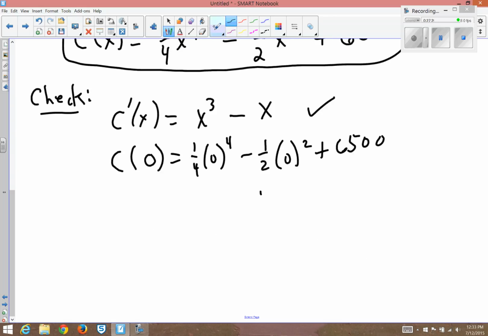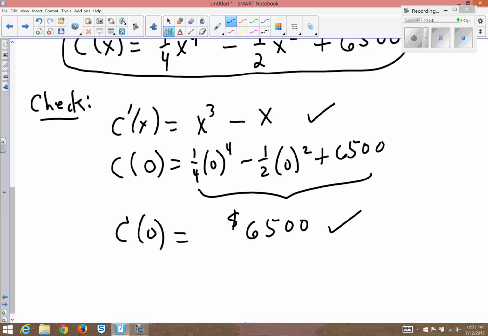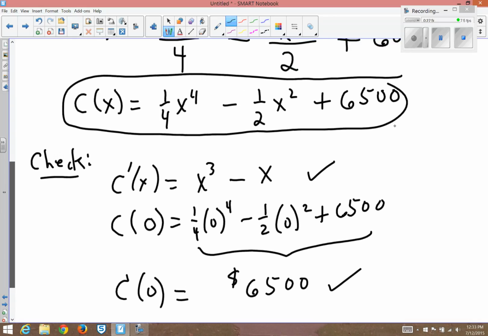In other words, the cost of producing 0 units is 6,500, which makes sense, which is what it's supposed to be. The fixed costs are $6,500. So all of the given information checks with this answer. That's why that is the correct answer.